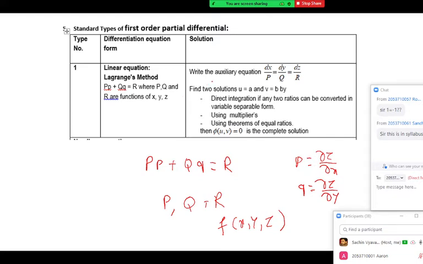Then Lagrange's auxiliary equation is there. To solve this Lagrange's partial equation, we get the solution from the auxiliary equation. Can you tell me how many arbitrary constants or how many arbitrary functions should be there in a solution?